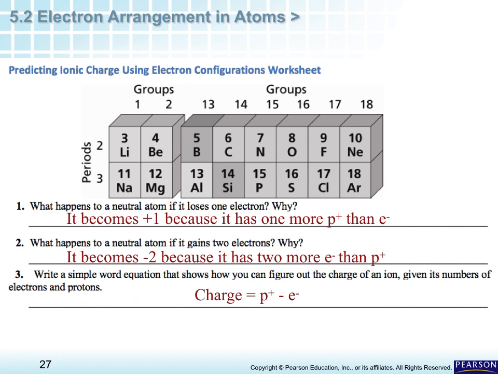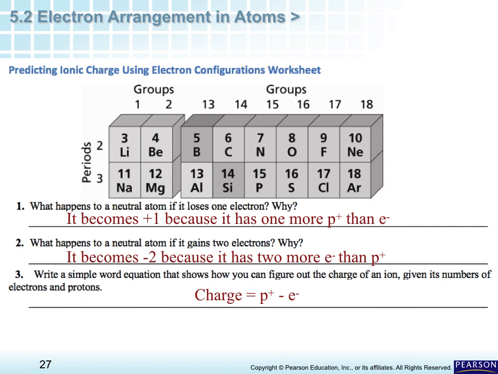The way it works is neutral atoms are equal in their number of protons and electrons, so they balance. When they lose, they become positive because they're losing electrons, which then increases the charge positive versus the negative charge. It's no longer 0. And the same thing here. If you gain 2 electrons, it's going to go from 0 to -2 because now you have 2 more electrons and electrons are negative.